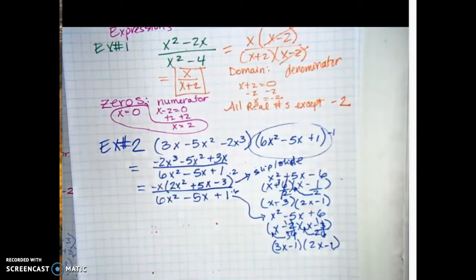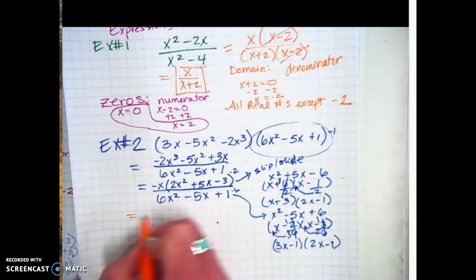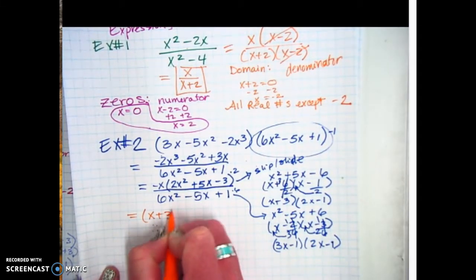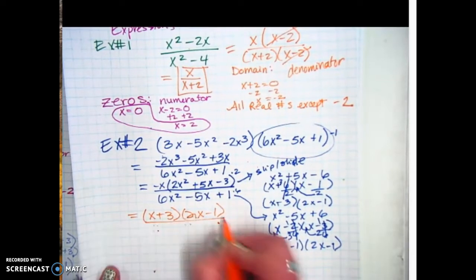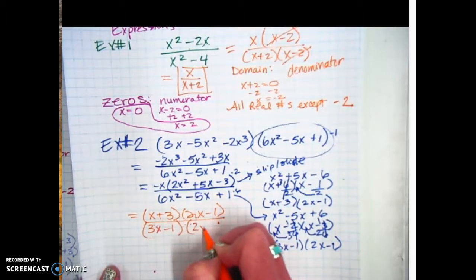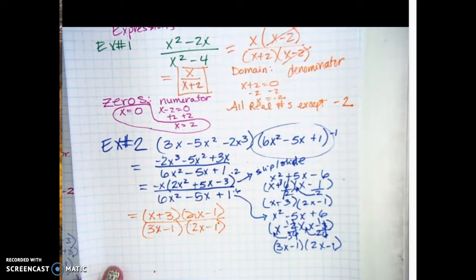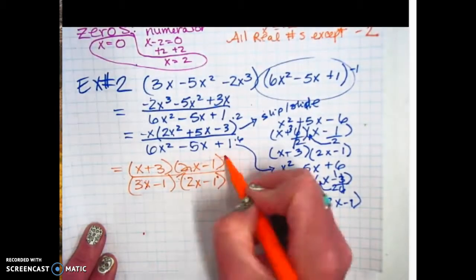Okay, so now that we factor, there should be some stuff for us to reduce, right? So the numerator was x plus 3 and 2x minus 1. And the denominator is 3x minus 1 and 2x minus 1. Right? So what's going to cancel? The 2x minus 1. It's the same in the numerator and the denominator.